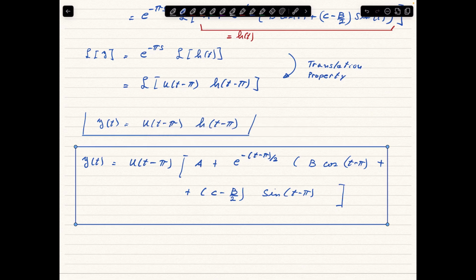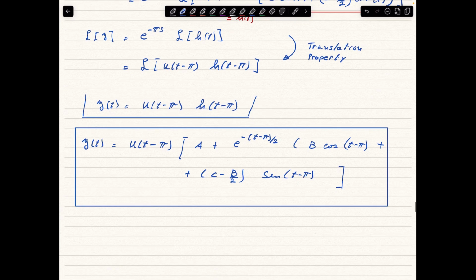Something like this. And recall, let's put it here, recall that we know a and b and c. Well, we haven't computed, but a is 12/5, and b is equal to c, equal to negative 12/5.